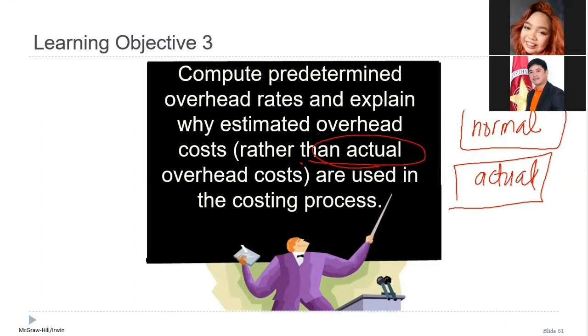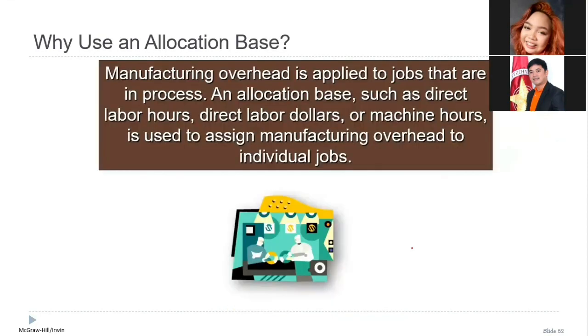We will see the advantages of using the normal costing system, and also the disadvantages. Okay. So, manufacturing overhead is applied to all jobs that are in process, right? So we apply overhead using a base which we believe causes the overhead cost to be incurred. Remember the cost driver?